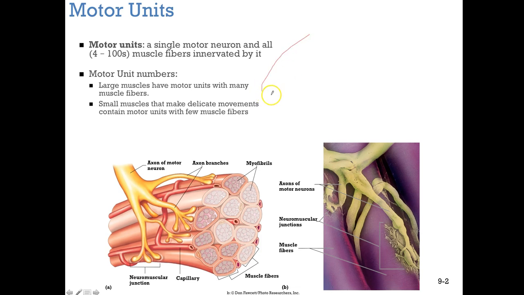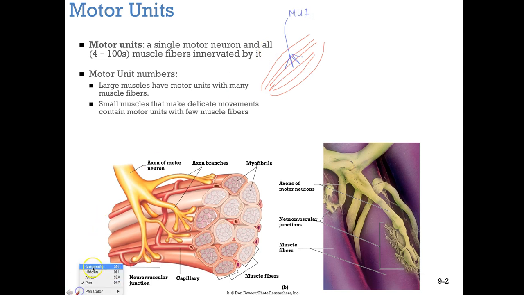So I want you to picture a muscle here. We'll draw some striations in here. It means that we can control a muscle by using multiple motor units. So this is, I won't write the whole thing, motor unit 1.